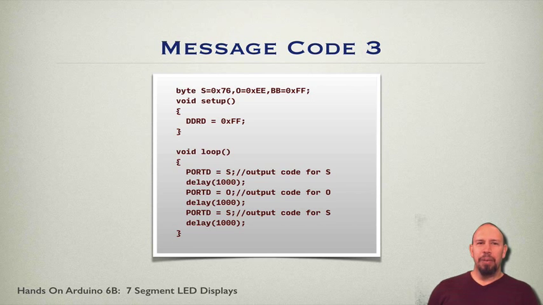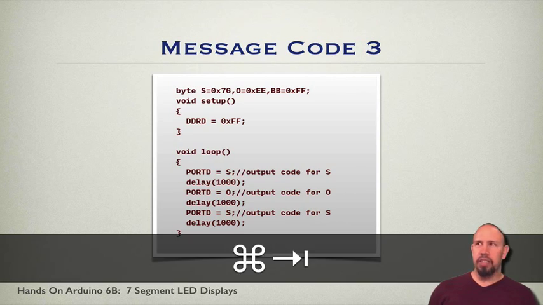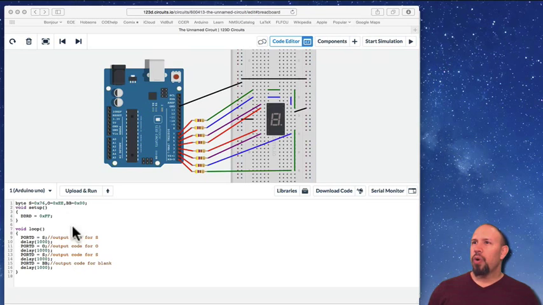Our third example involves the letters SOS. We're going to put out a distress signal, SOS, that will be displayed on our Arduino. And so that's what we're going to do next. So here's our code. And actually, I went ahead and added a line here.